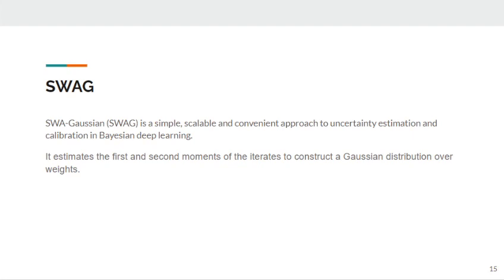By sampling the weights from the distribution and performing an ensemble estimation, both the target estimation and their standard deviation can be obtained. It estimates the first and the second moments of the iterates to construct a Gaussian distribution over the weights.